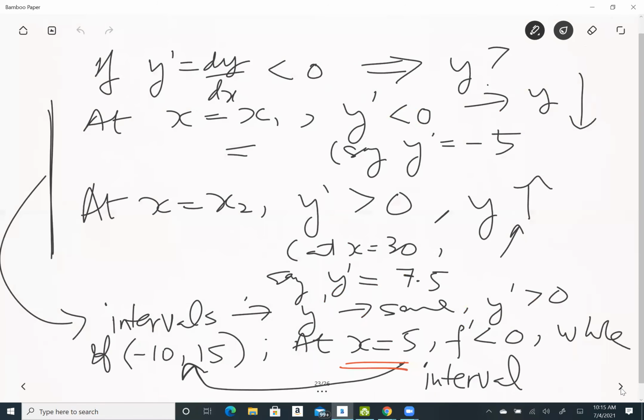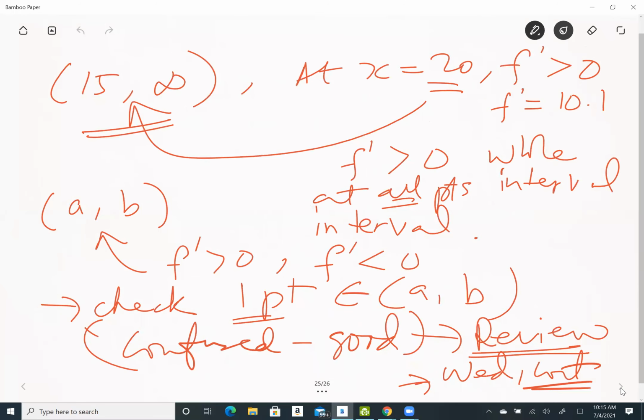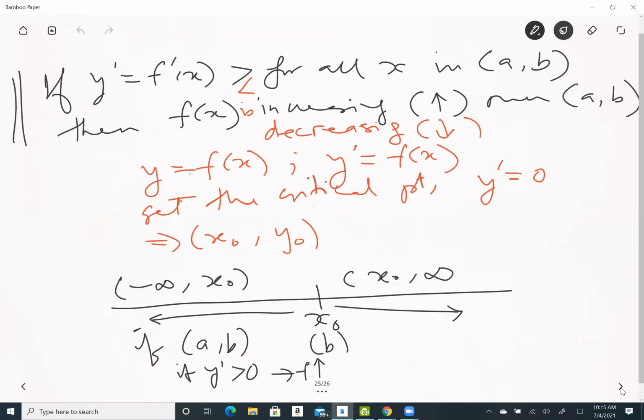Normally the number of intervals is one more than the number of critical points. If you have 2 critical points, how many intervals do we have? 3.